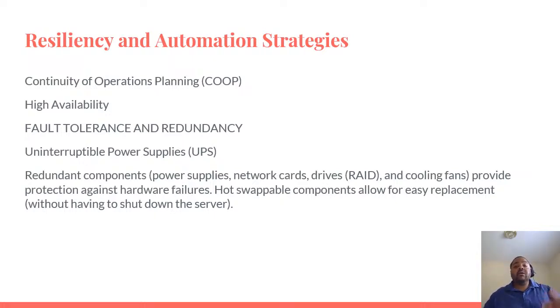Also with cooling fans, you have one or two so that if one has a problem, you're able to fall back to the next, and that gives you time to replace the one that's malfunctioning.